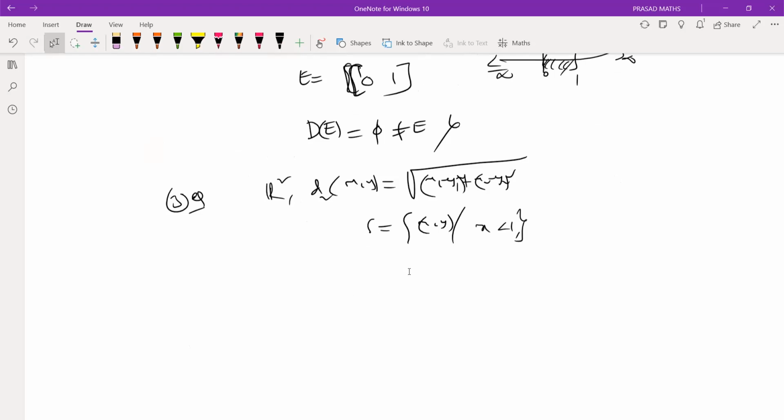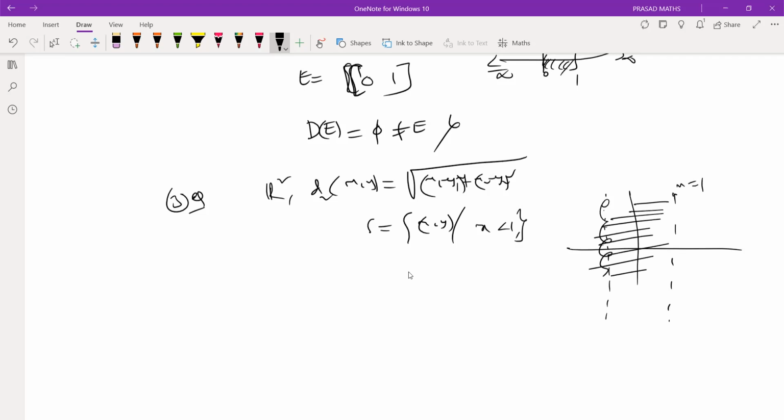It looks like this. The line x equals 1, and all the left side of it. Take a point on this line.